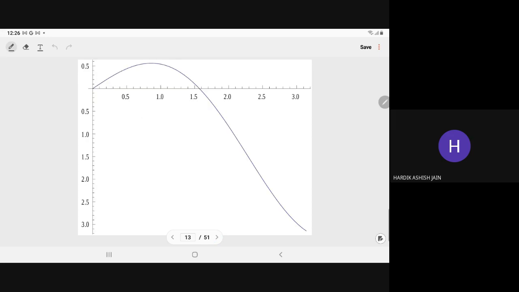First we see from the MATLAB graph the shape of x cos x between 0 and pi. Here the graph of x cos x is this, and at this point we have the maximum point that we have to determine.